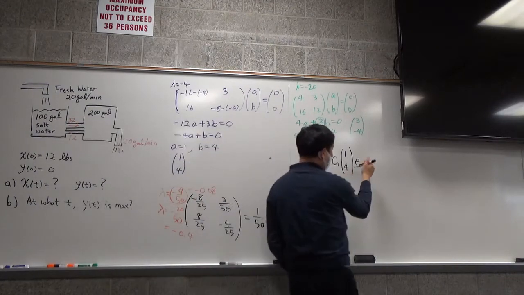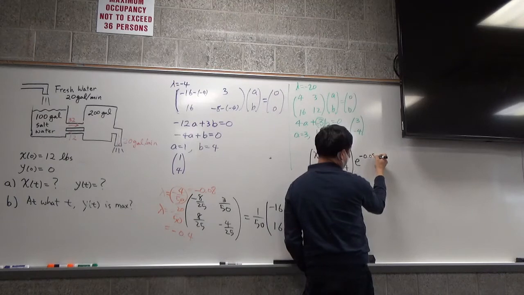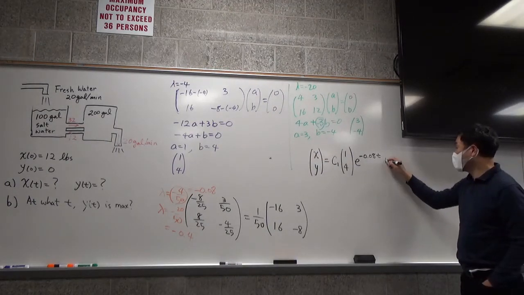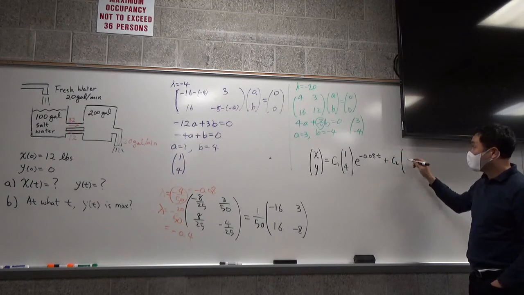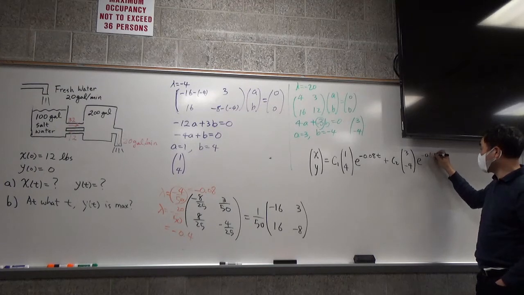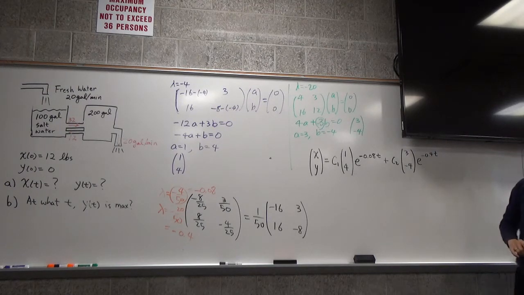So this one has negative 0.08t, plus c2, and you put 3, negative 4, e to the negative 0.4t.